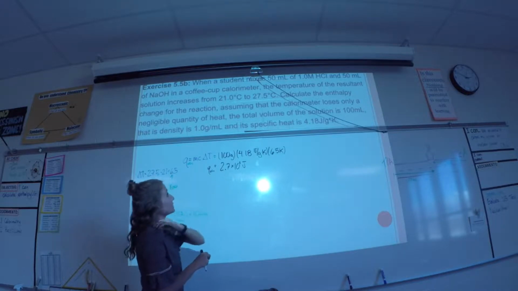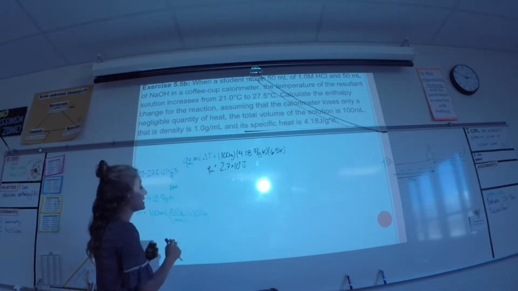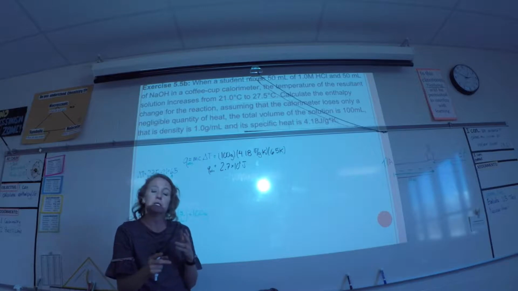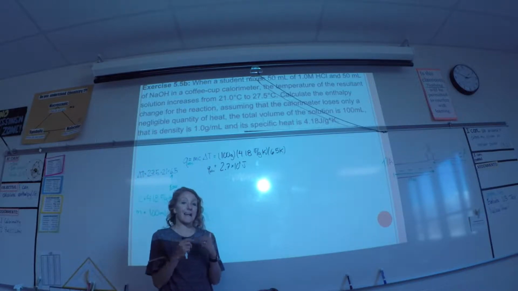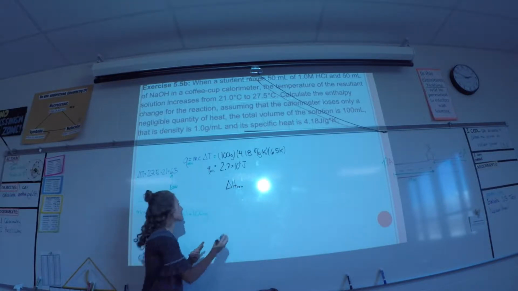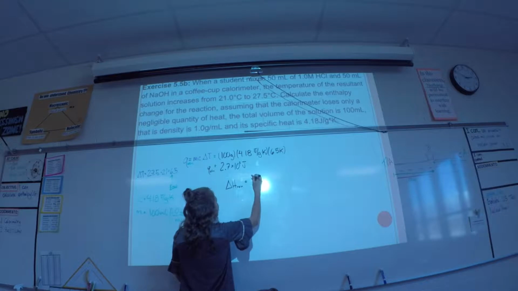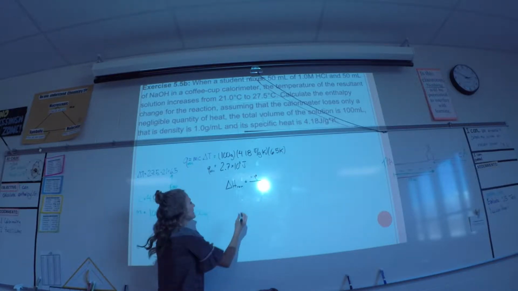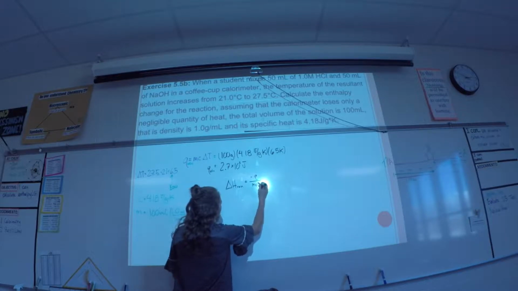Now, the question wants you to calculate the enthalpy change for the reaction. So two things have to happen in order to get enthalpy. Remember that enthalpy is delta H. So the delta H for the reaction is we're going to take the negative Q of the solution divided by the moles.